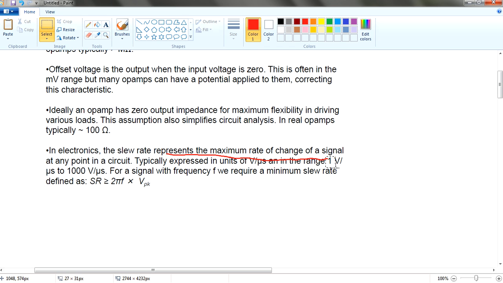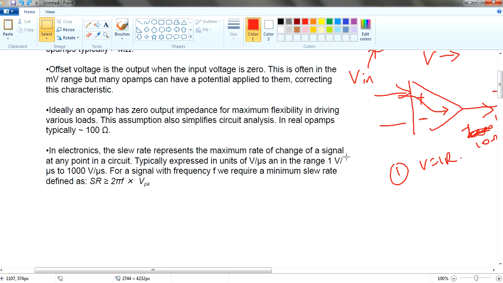So the range is from 1 volt per 10 to the minus 6 seconds to 1000 volt per 10 to the minus 6 seconds. So it's a very small change in seconds, because everything happens so fast, right?